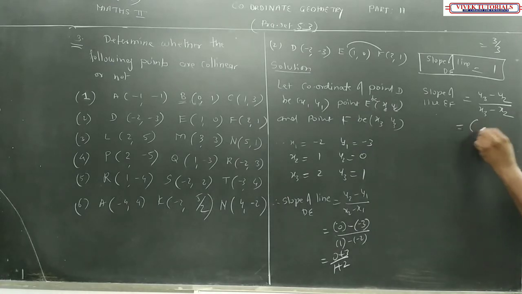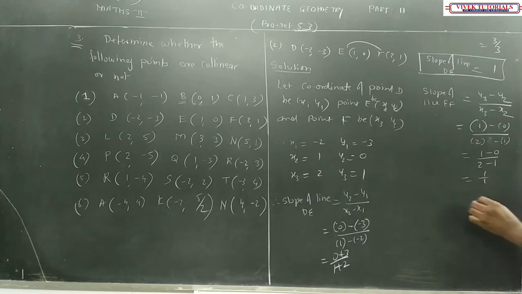So y3 is 1 minus 0 upon x3 is 2 minus 1. We got 1 minus 0 upon 2 minus 1, which is 1 upon 1.